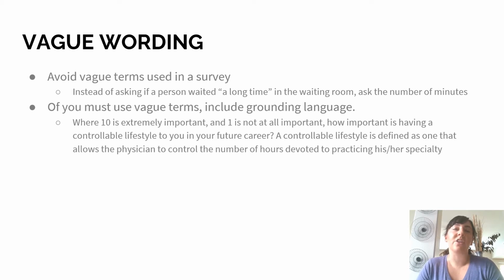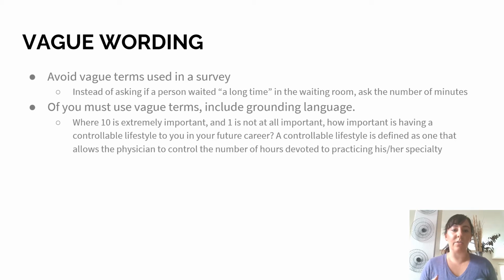Also, if you have to use vague terms in your research or in your questions, you can maybe use grounding language, like offer a definition or how your study defines something. An example of how this can work: let's say you were interviewing medical students in their last year who are about to become physicians.